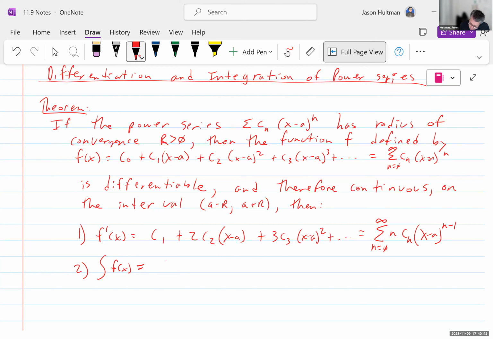So this is equal to c, and c is just my constant of integration.